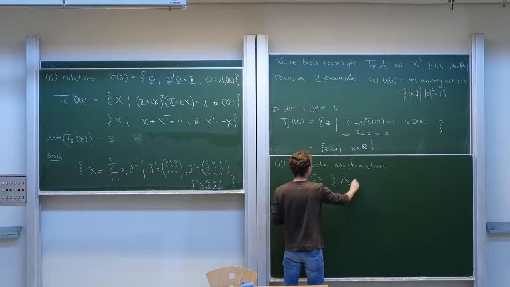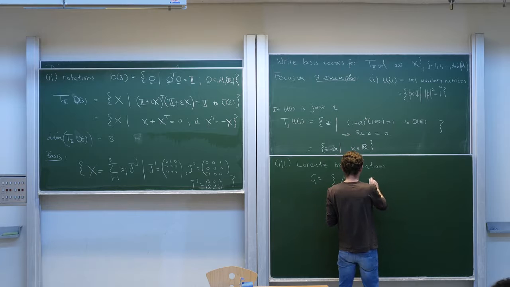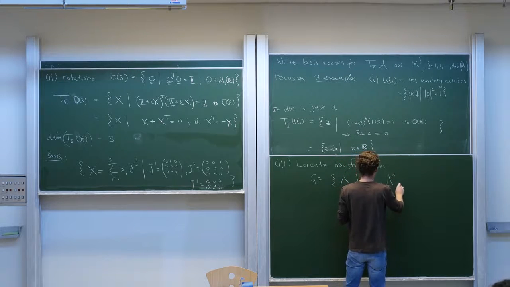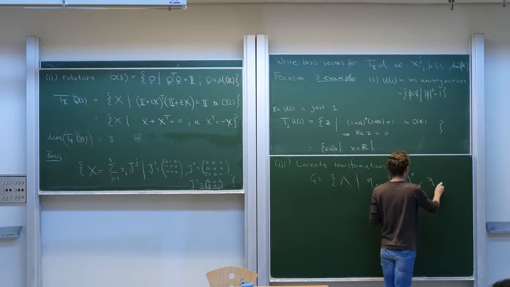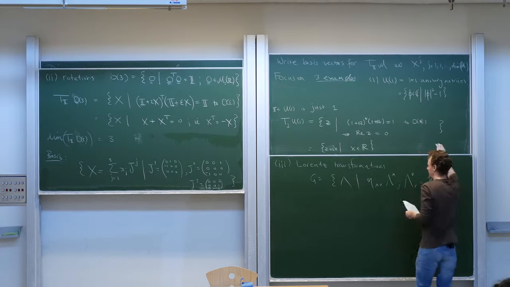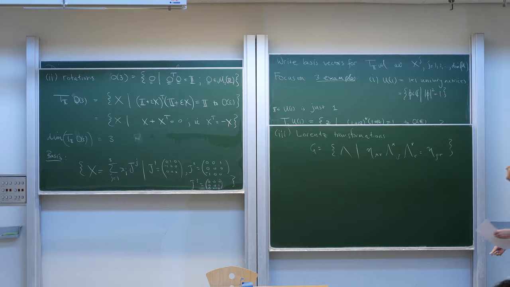group. It's the set of 4x4 matrices lambda such that eta_{mu nu} lambda^mu_rho lambda^nu_sigma equals eta_{rho sigma}. And indeed, we've already met the tangent space to the identity of this group.